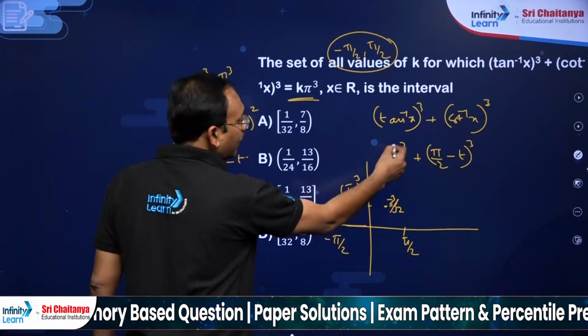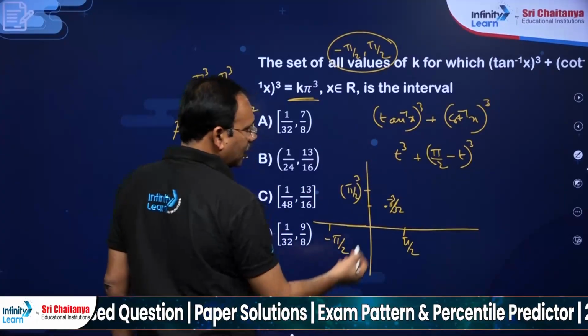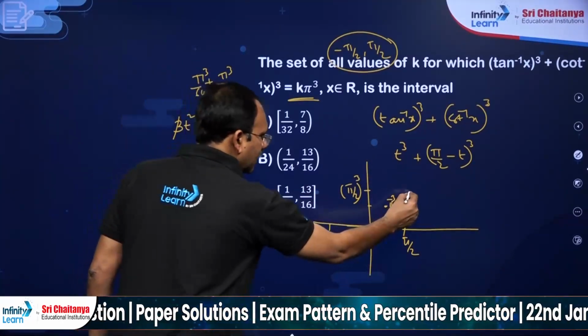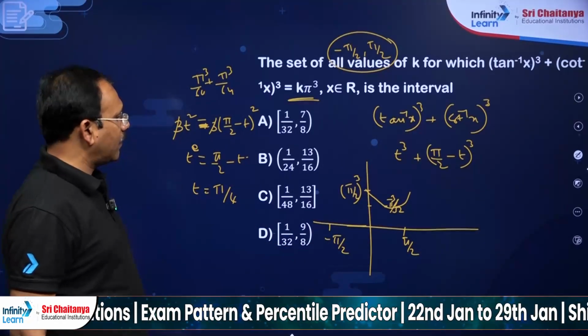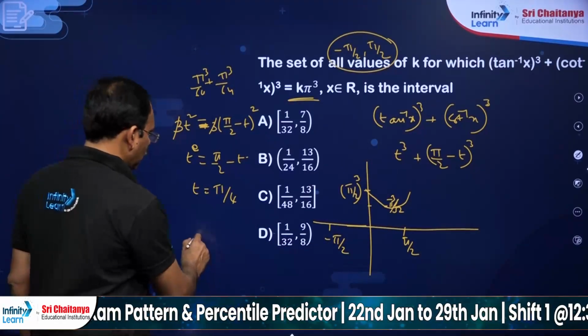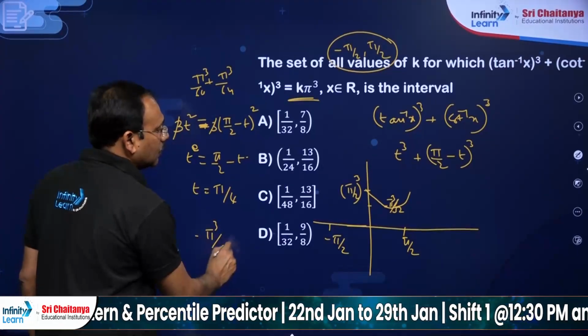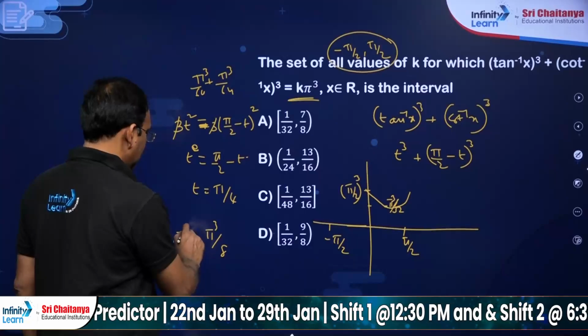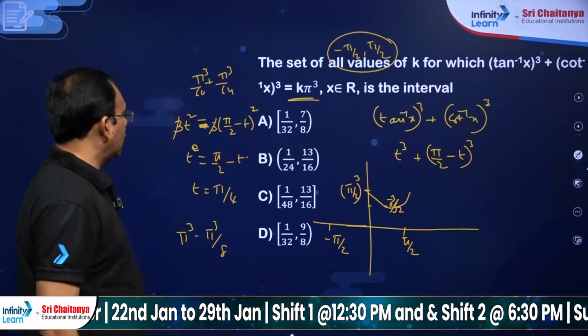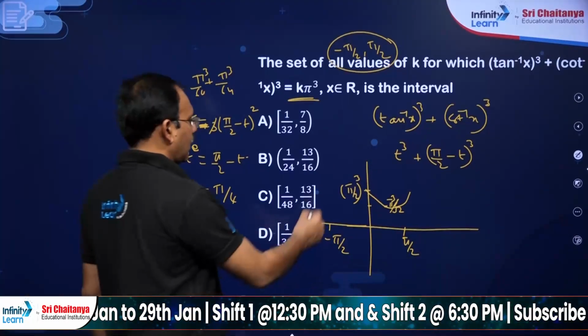After that, at pi by 2 you are going to get pi cube by 8. When you take minus pi by 2, you will get minus pi cube by 8. If you take minus pi by 2, you will get plus pi cube, that is 8 pi cube minus pi cube, 7 pi cube by 8 you will get.